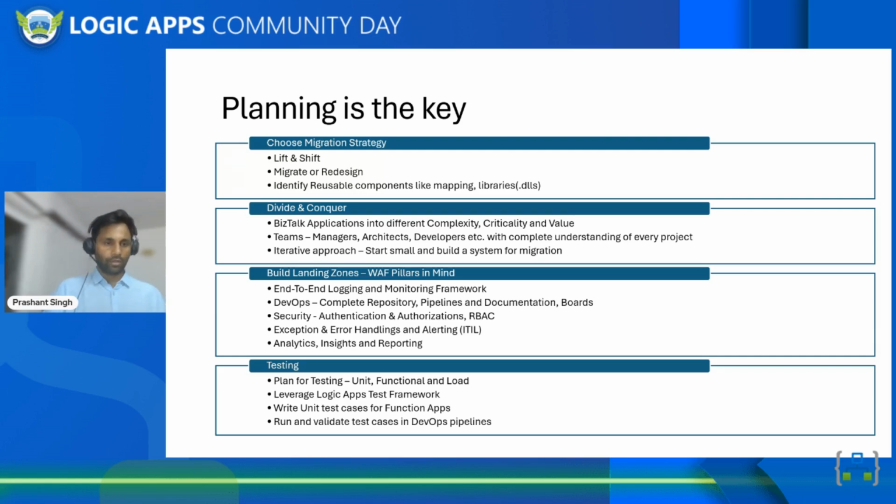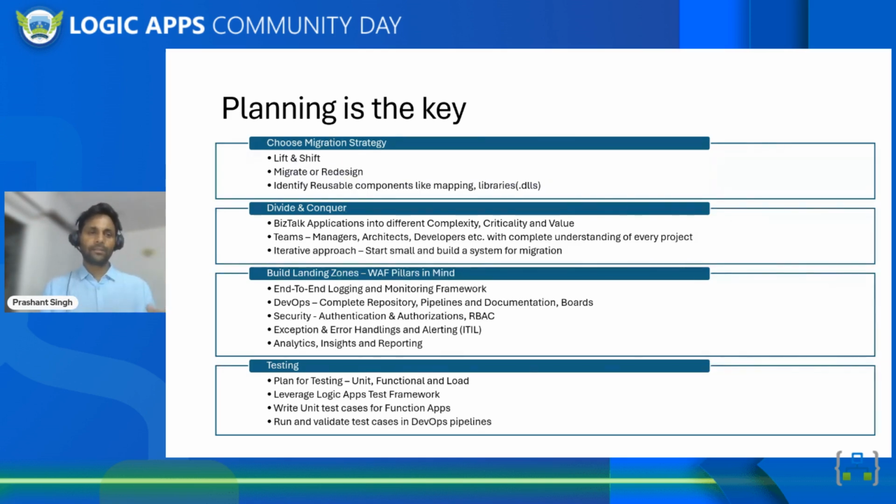The last but not least, whenever you're going for designing your system, first thing is you should build a landing zone before even moving your first application. So end-to-end logging and monitoring framework is a must, because every component, whether it is logic apps, function app, or anything, they have their own monitoring capabilities, but your message flows from multiple systems.